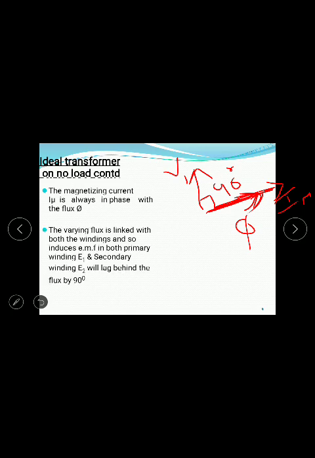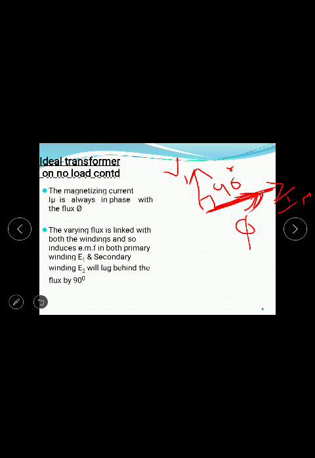So the varying flux is linked with both the windings, and so the induced EMF in both the primary winding E1 and the secondary winding E2 will lag behind the flux by 90 degrees.